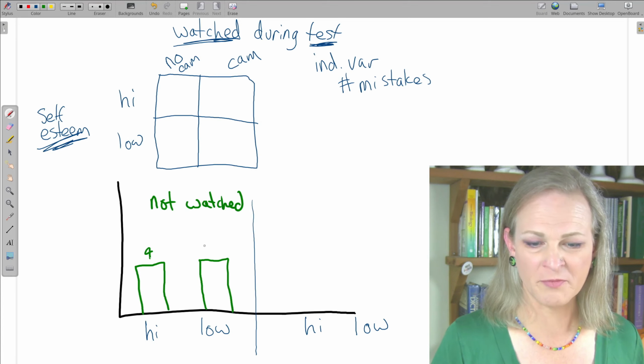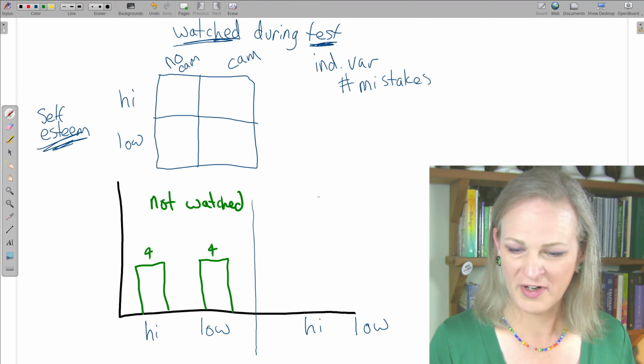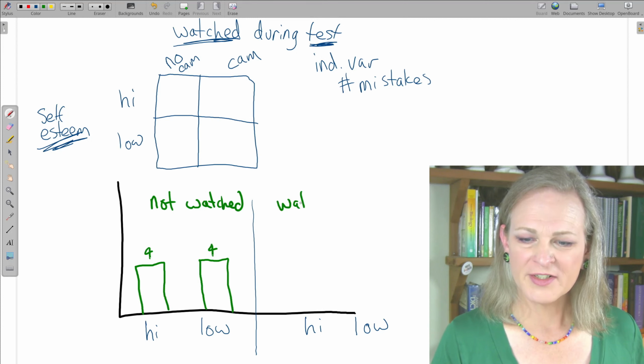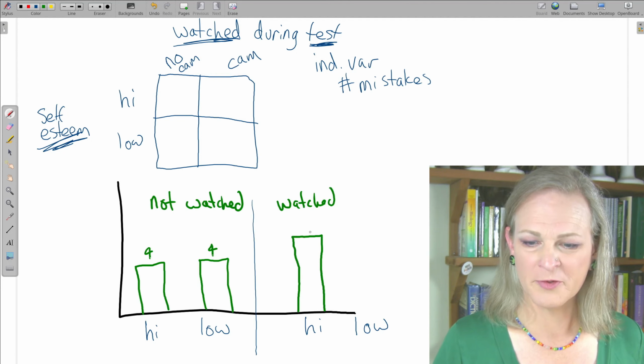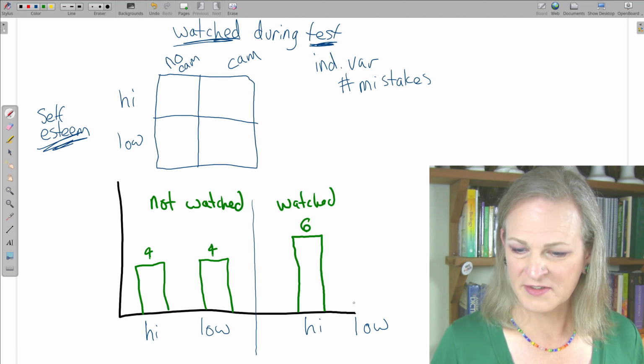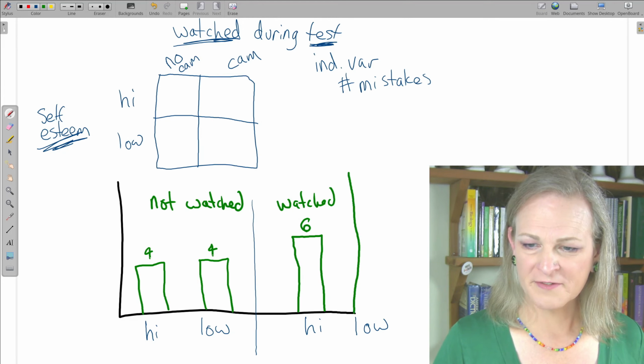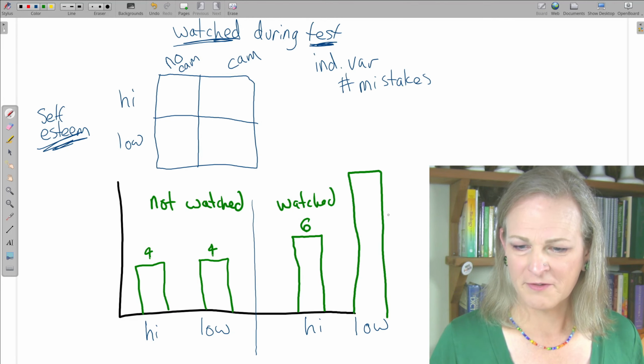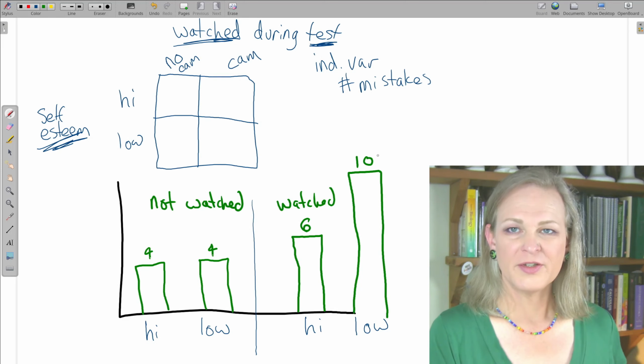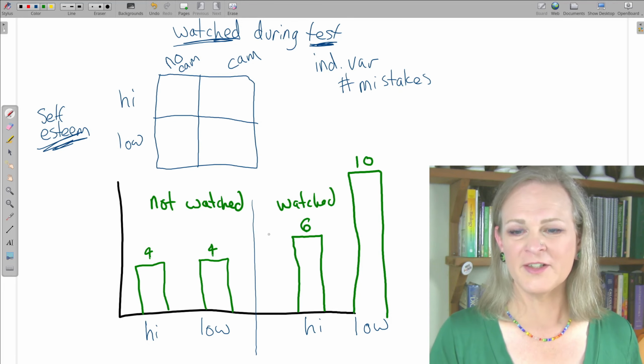Let's just give that some random value like 4. And then when they were watched, the high self-esteem group goes up to 6, and the low self-esteem one rockets up to 10. So this is what we mean by an interaction.